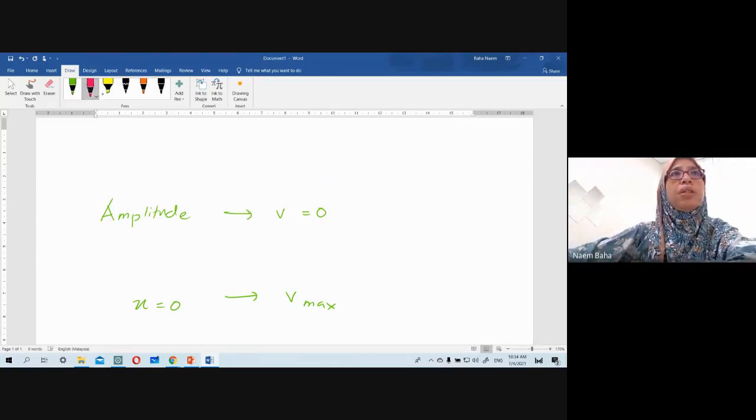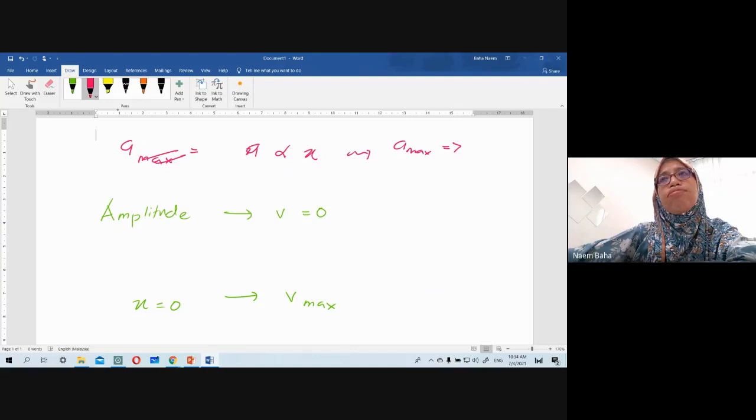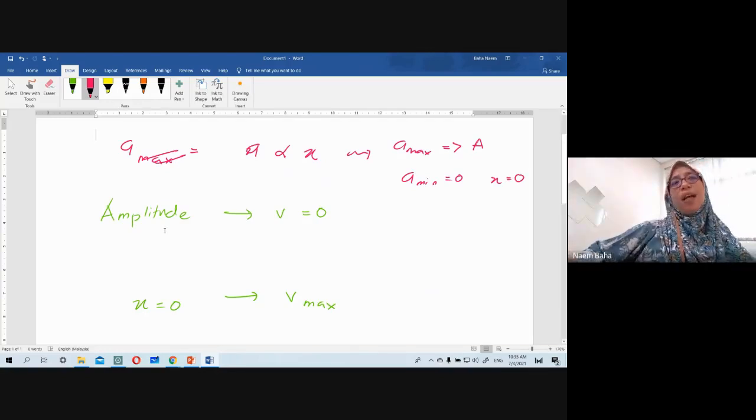I'm using a red pen because the idea of acceleration will be a bit different. Acceleration is proportional to x, and therefore you find that a max occurs at A, and a min, which is 0, occurs at x equivalent to 0. Easy to understand, yeah? Right now, let's get back.